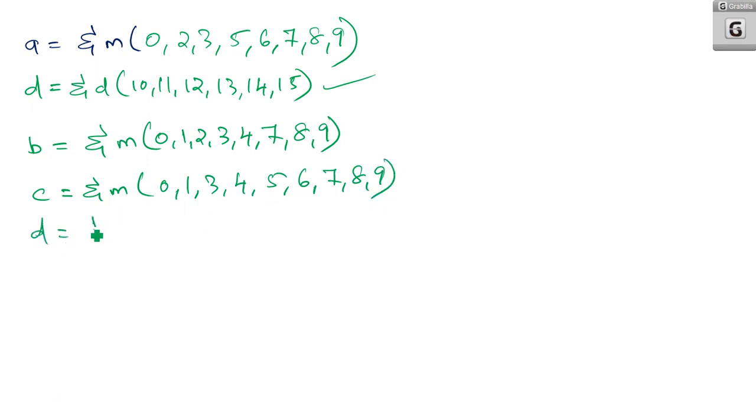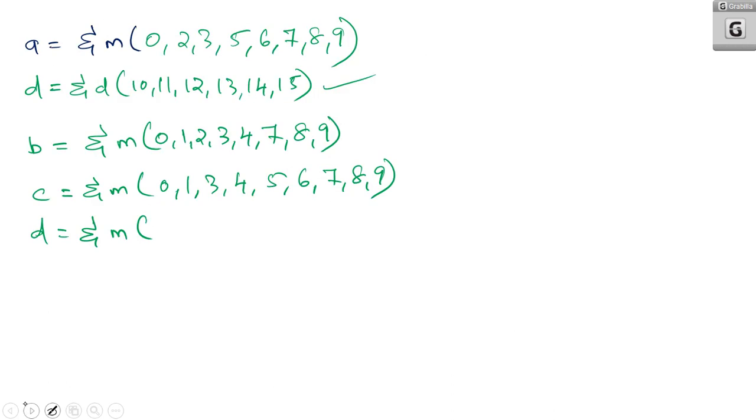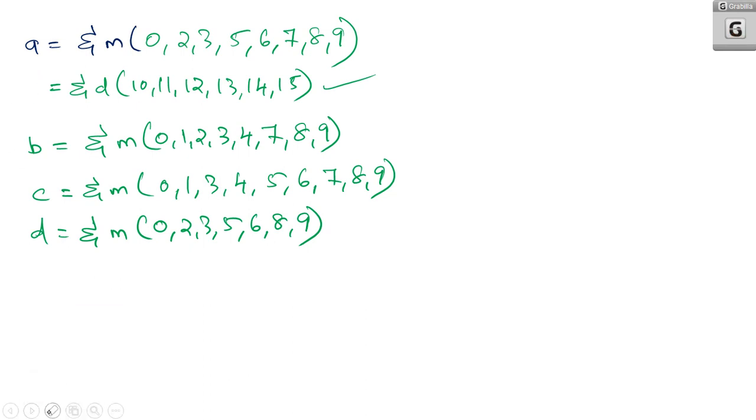What is D? For D, 1, 4 and 7 are excluded. So sigma m 0, 2, 3, 5, 6, 8 and 9, with don't care as before.